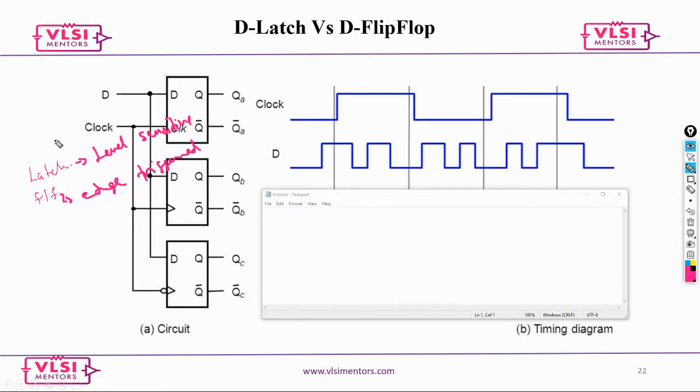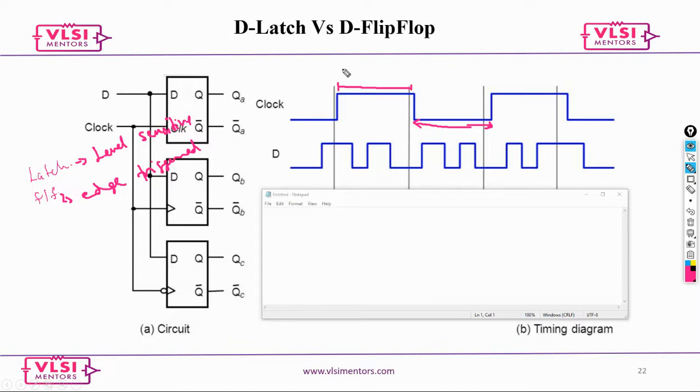Now, when I say level sensitive, you know that this is a clock. Latches would be on during the whole positive phase, when the clock is high, and they would be off during the low time of the clock signal. This is what we call level sensitive.